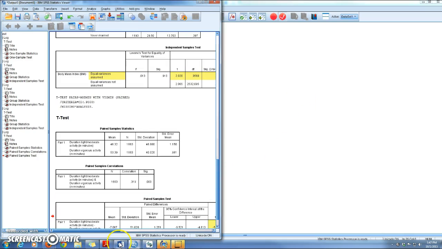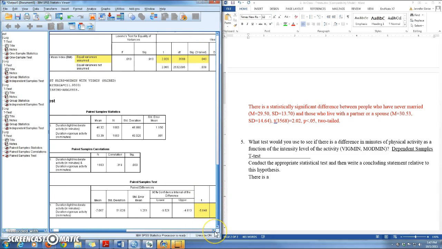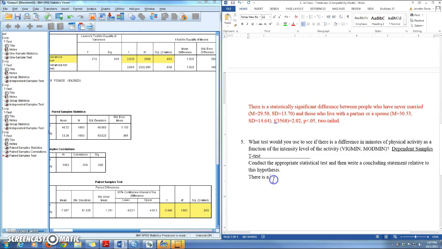Okay, so now we can write up this result, and we say that there is a significant difference in minutes of physical activity depending on intensity level.